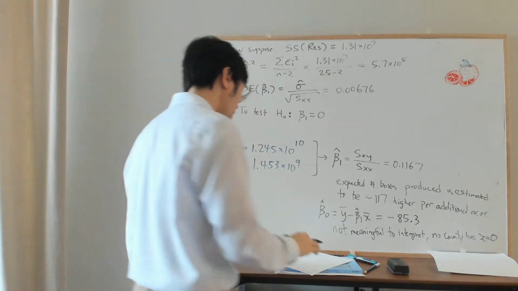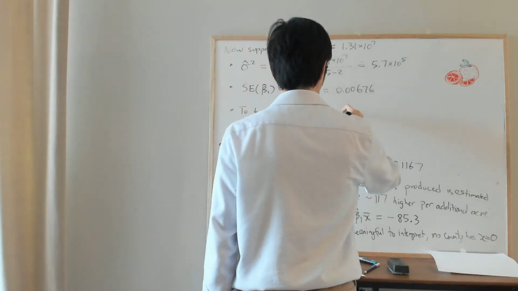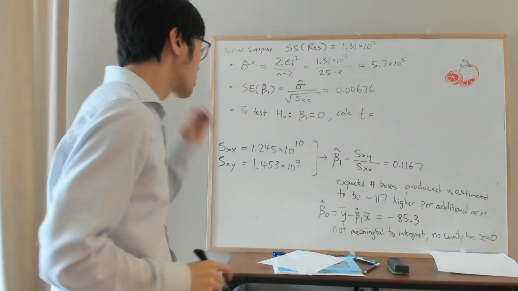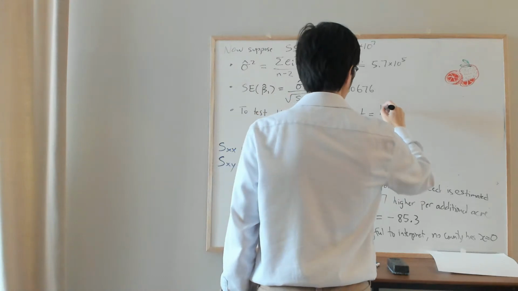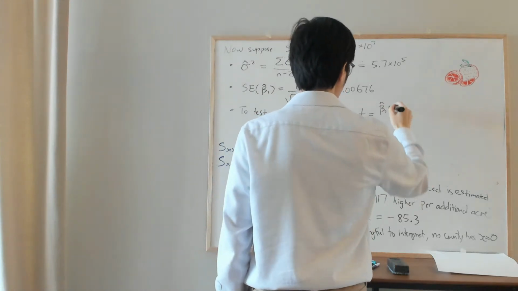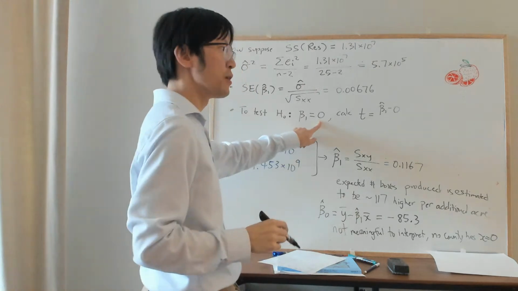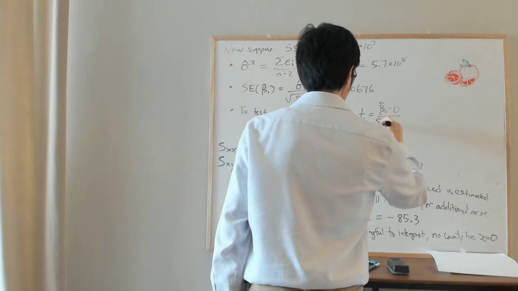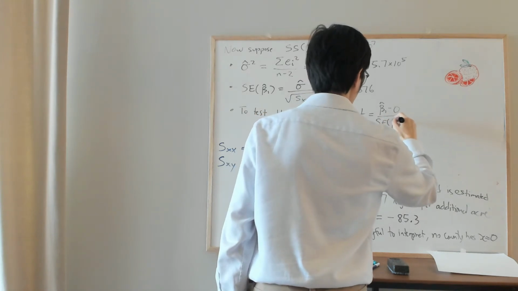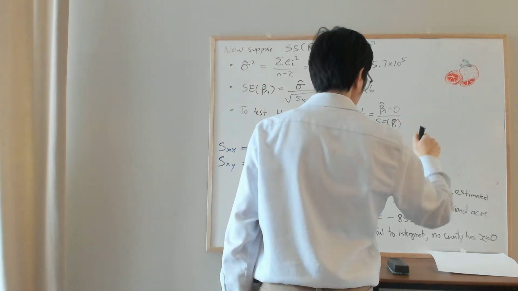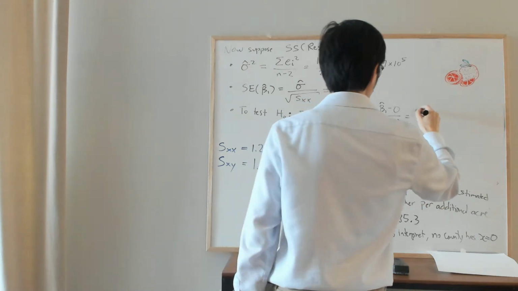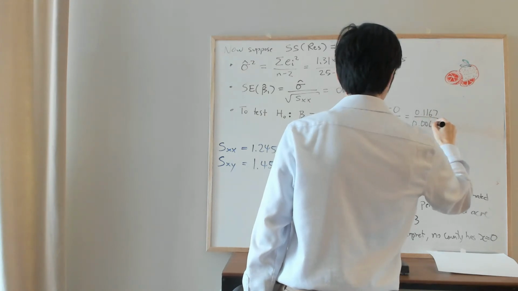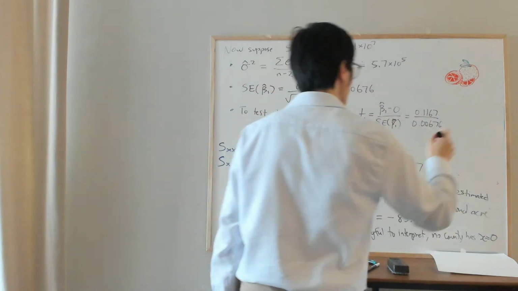We compute our t-statistic. Remember the t-statistic is the estimate minus, in this case, 0, because we're testing whether it's 0 or not, divided by its standard error. So let's plug in those numbers: 0.1167 over 0.00676. So this is about 17.3.